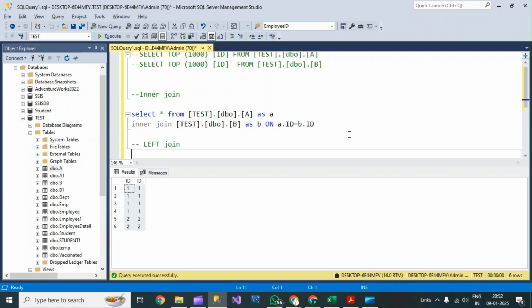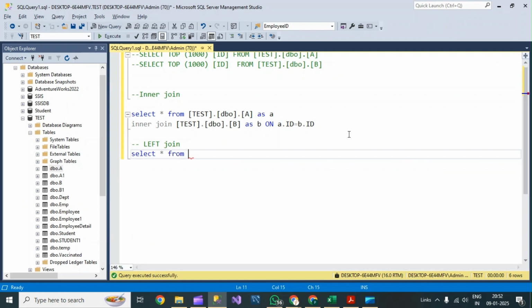So Prajwal, can you tell me the query? Select star from... Yeah, anyone can tell this query? Left join table B, alias it as B. Yes, same.